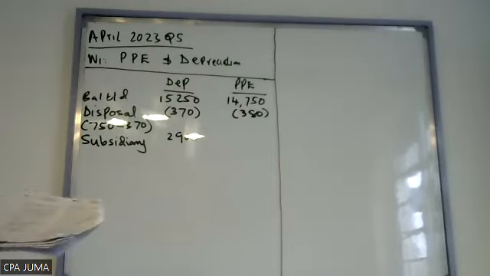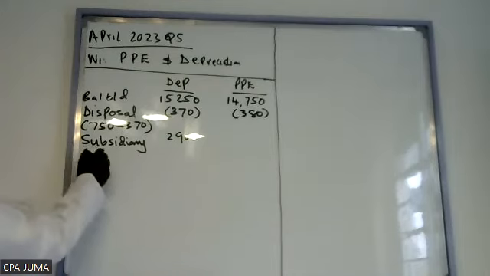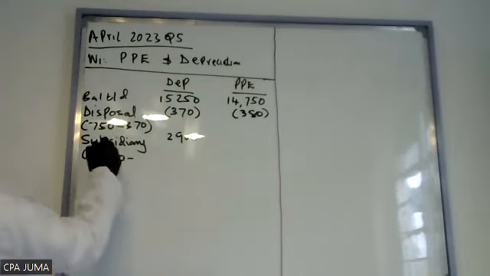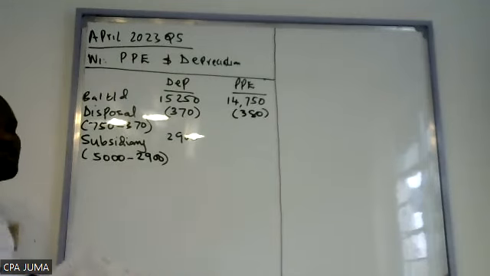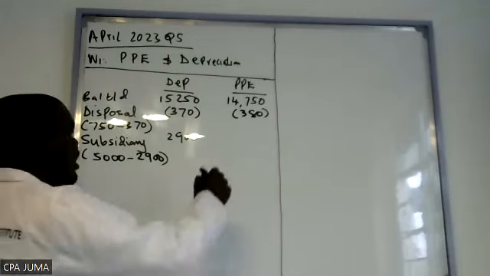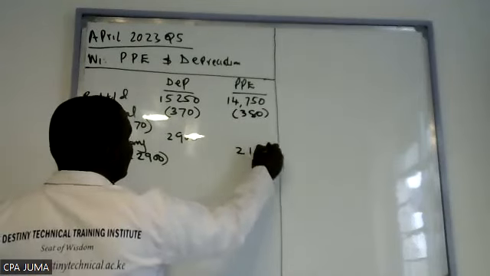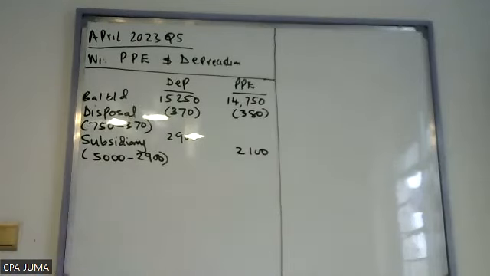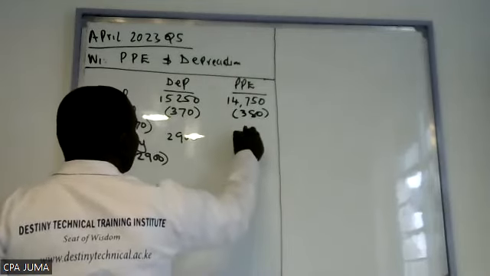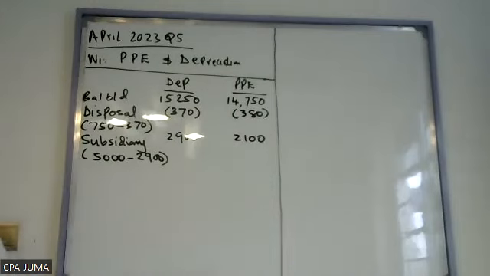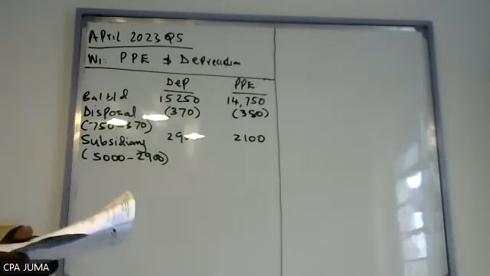But now the net book value will be the cost, which they said was 5, minus the accumulated depreciation of 29. So this one comes to 2100. The net book value of the subsidiary which has been acquired comes to 2100. I hope you are following keenly, because the subsidiary was acquired.